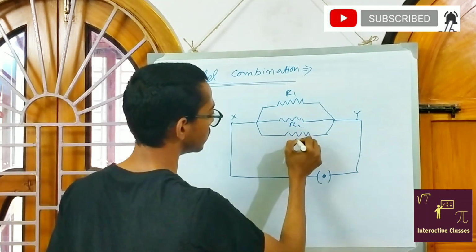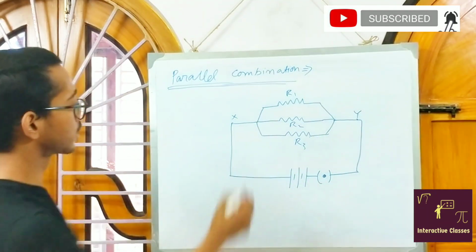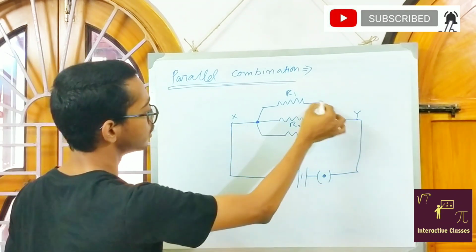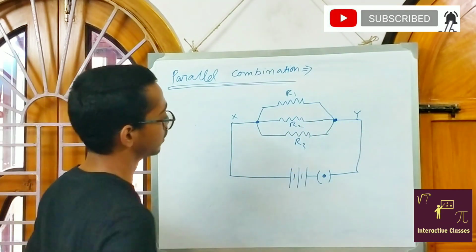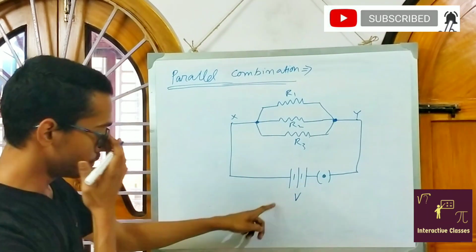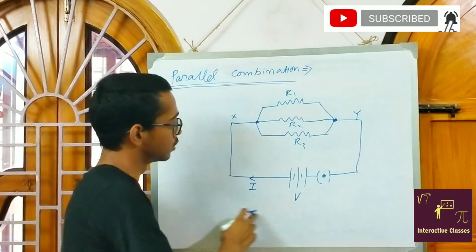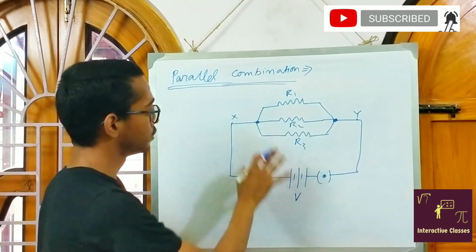That means all the ends are connected together, and all the other ends are connected together like this. If the voltage across the circuit is V and the current is I, this is the complete parallel combination of three resistances.